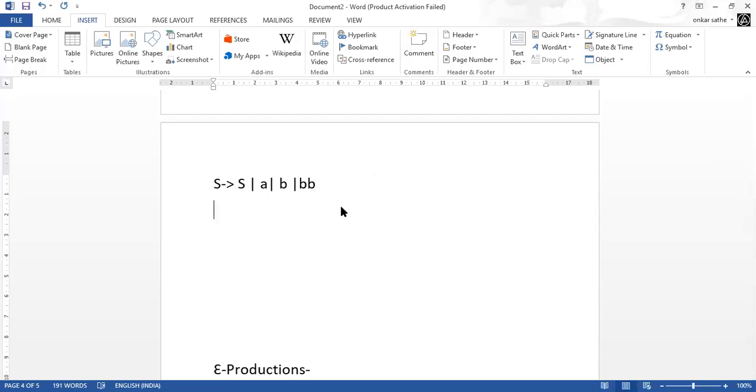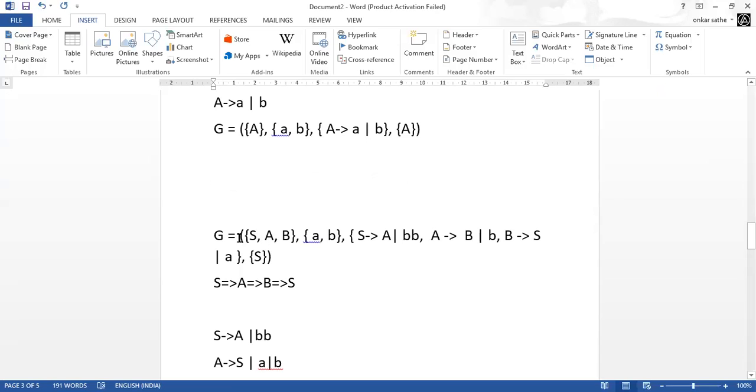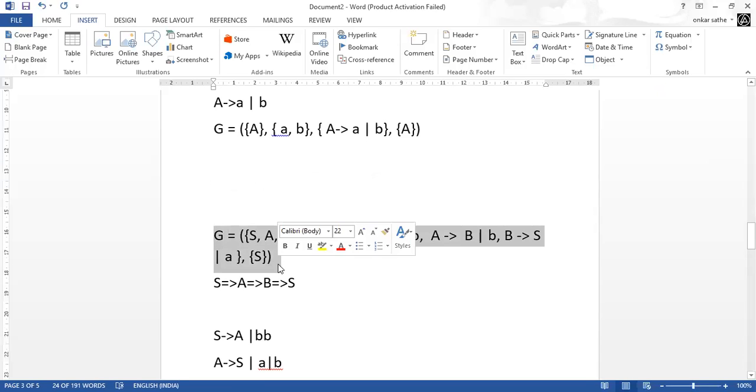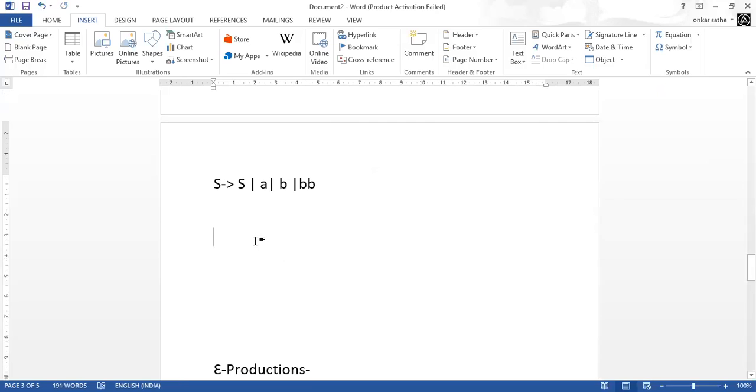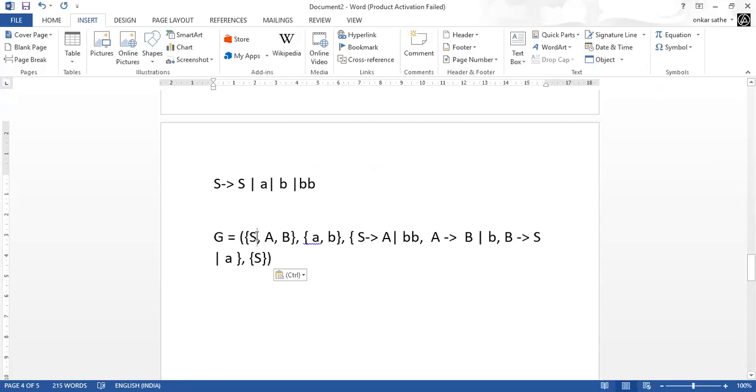So here the final grammar after removing unit productions will be: only one non-terminal, that is S, set of terminals as it is, and S gives small a, small b, BB as it is, and we will remove the remaining productions. So this is the resultant grammar.